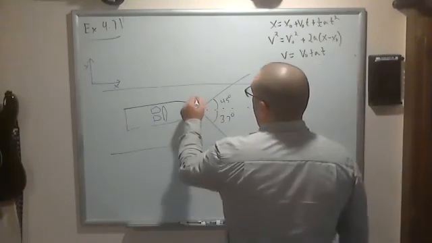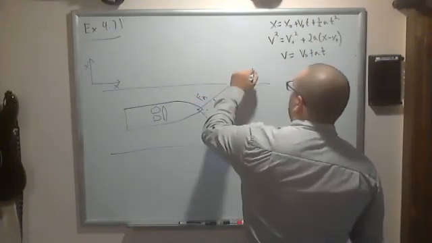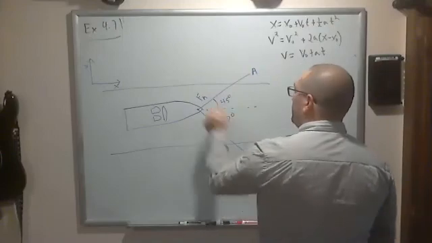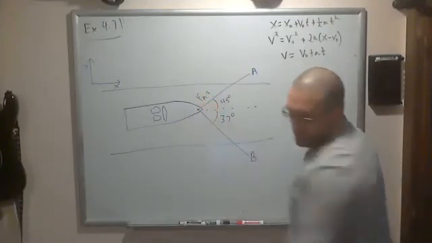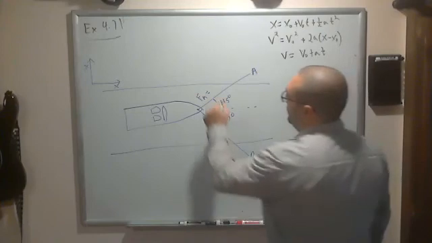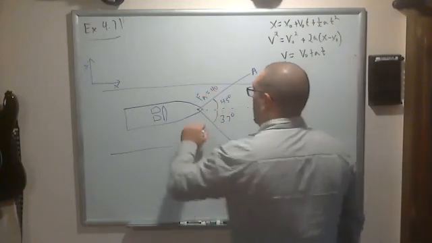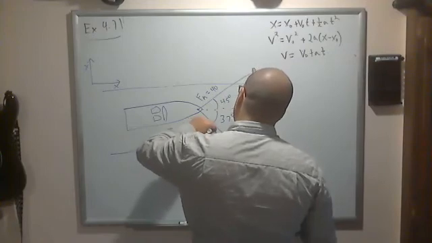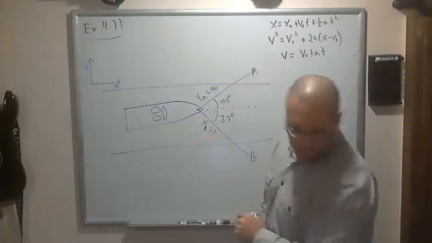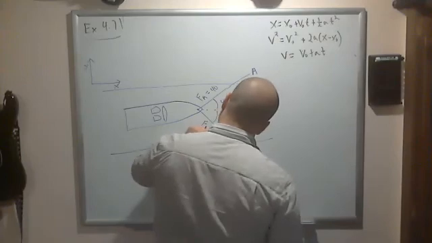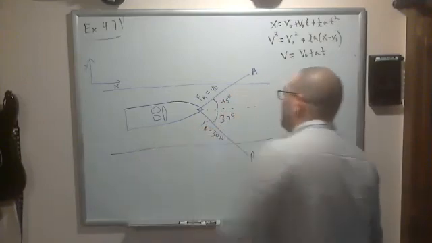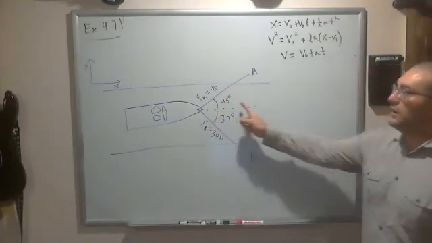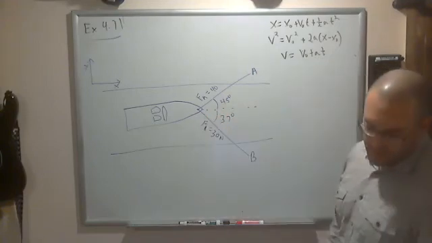And then we have A over here that's pulling on the rope, and B over here. And then FA is equal to 40 newtons. And FB is equal to, what is it, 30 newtons, right? Let's figure out the force on this boat.